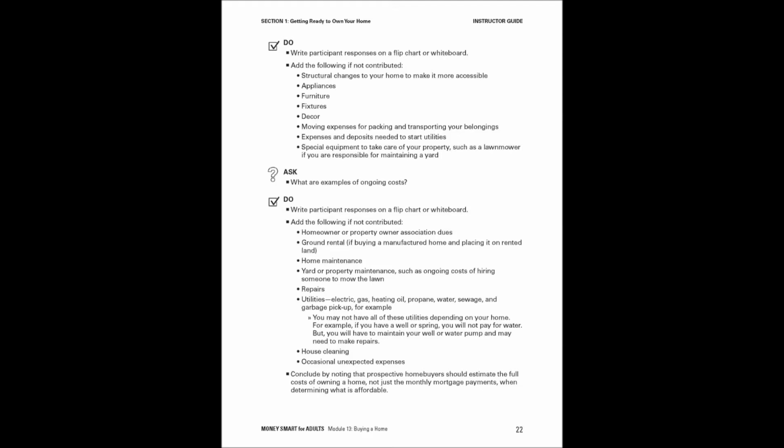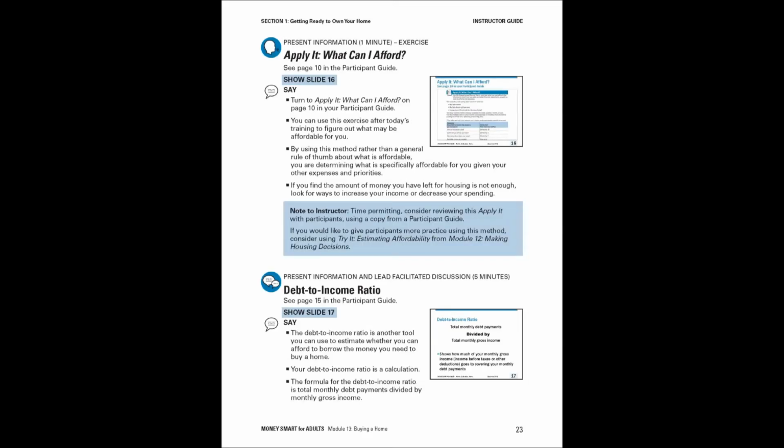Now, conclude by noting that prospective home buyers should estimate the full cost of owning a home, not just the monthly mortgage payments, when determining what's affordable. Now, this apply activity, what can I afford? It's on slide 16 for you, and it's page 10 in their participant guide.